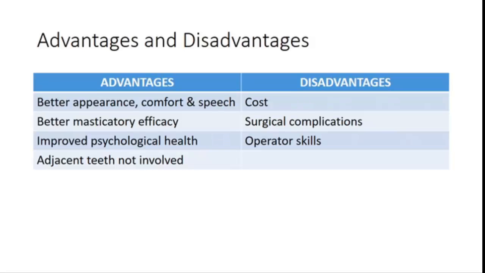Going on to the advantages and disadvantages. Advantages: better appearance, comfort, and speech. As we all know, the basic functions of the teeth are for mastication, aesthetics and cosmetics, and phonetics.